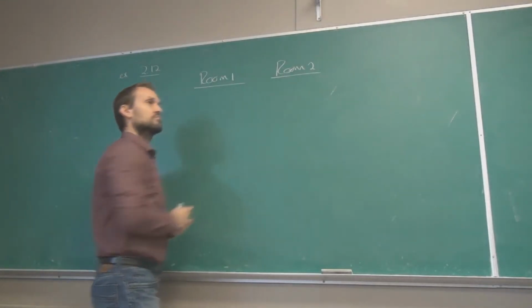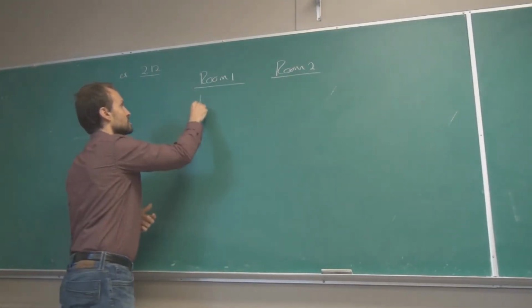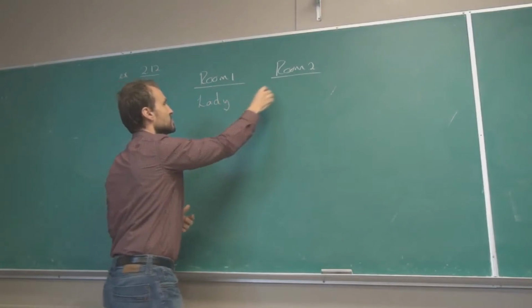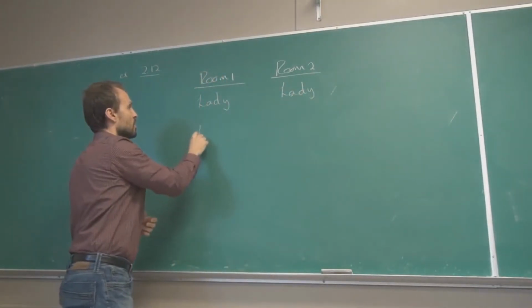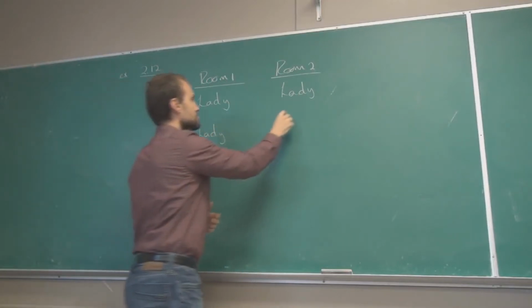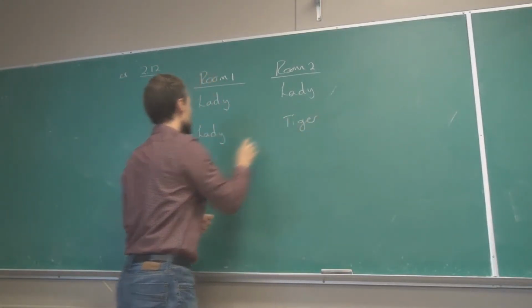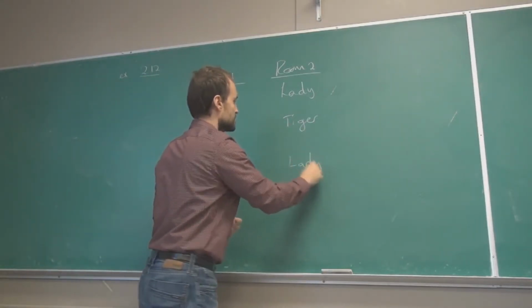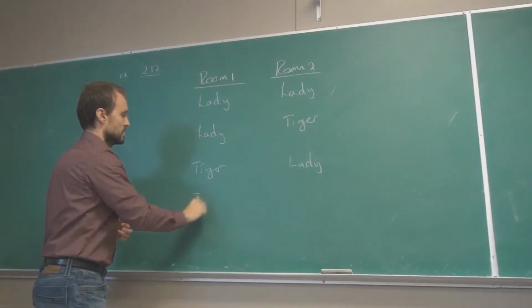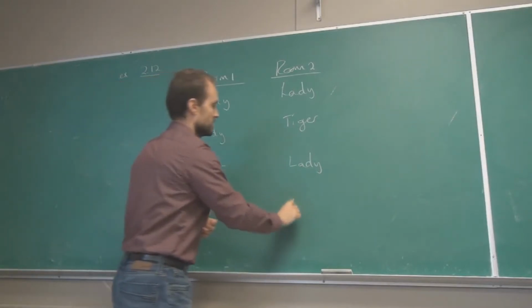Now we just have 2 rooms again. So we're listing all the possibilities. There could be a lady behind both, or a lady, then a tiger, or a tiger, and then a lady, or a tiger and another tiger.